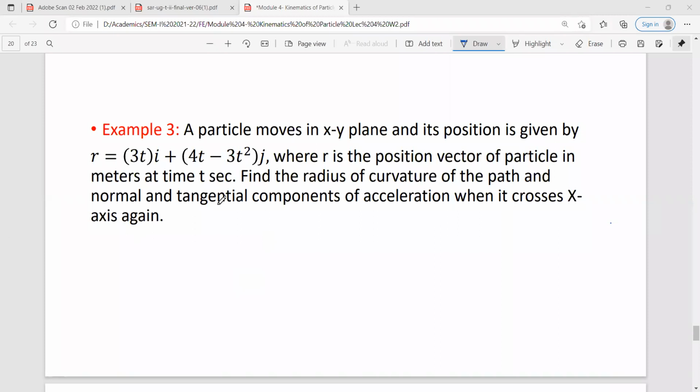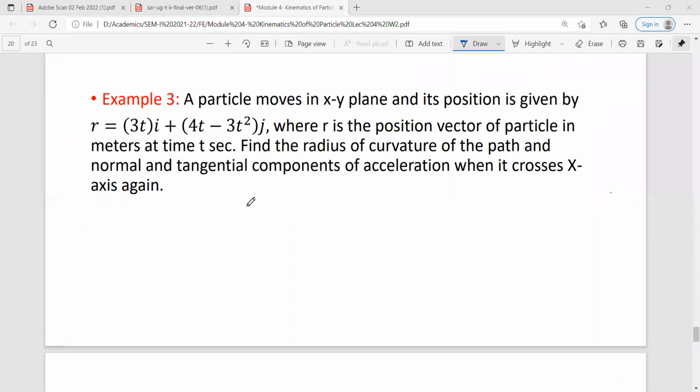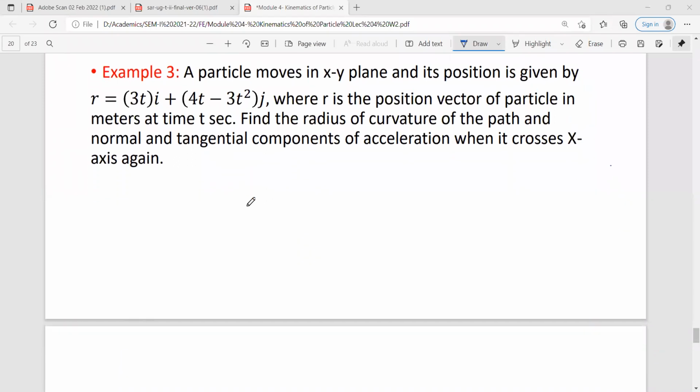Okay, guys. So let us try to solve this problem. It reads: a particle moves in the xy plane and its position is given by a position vector r.